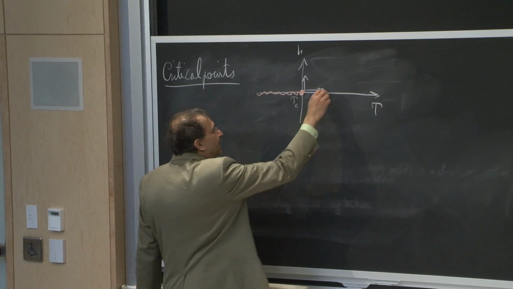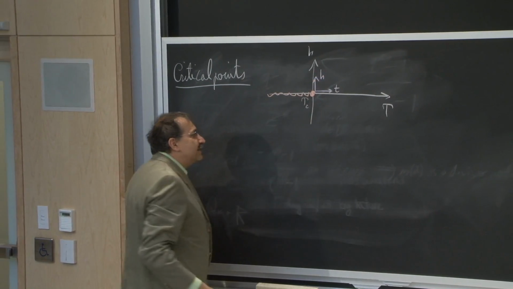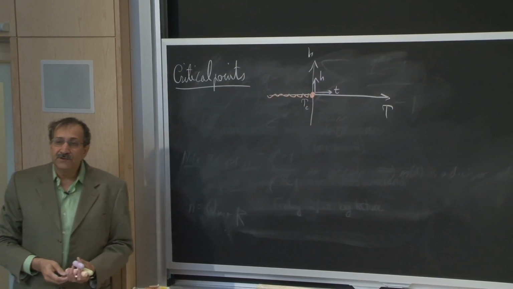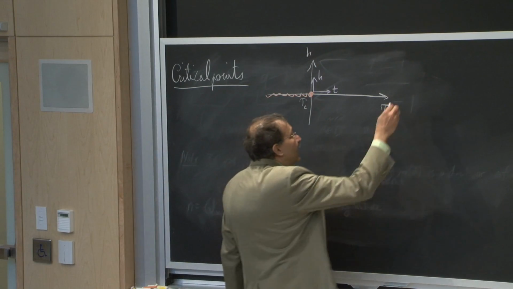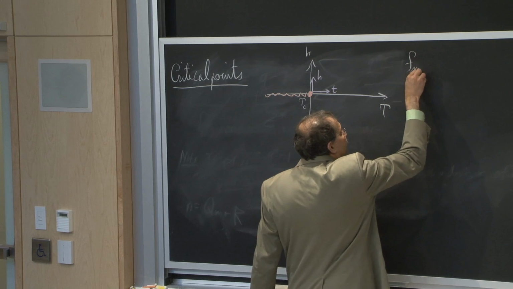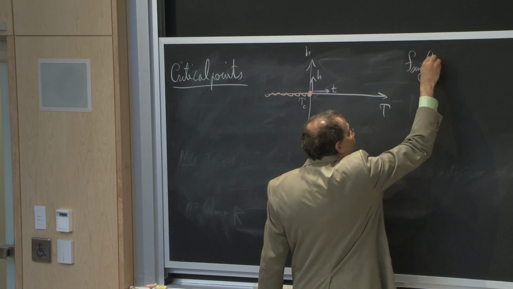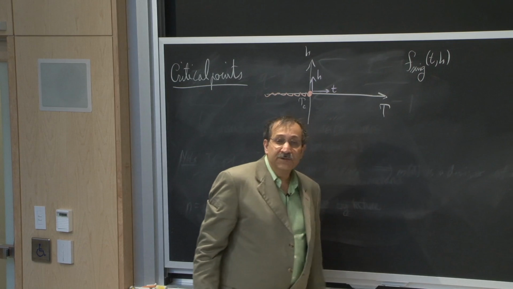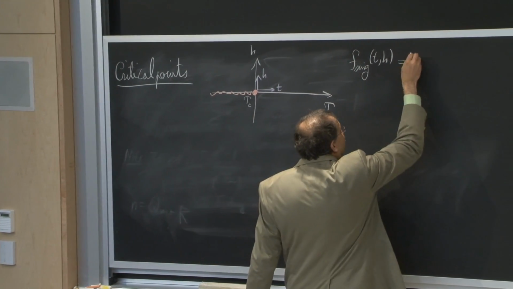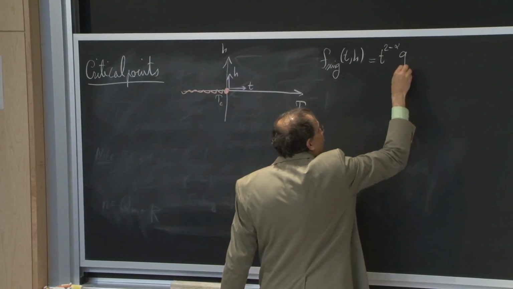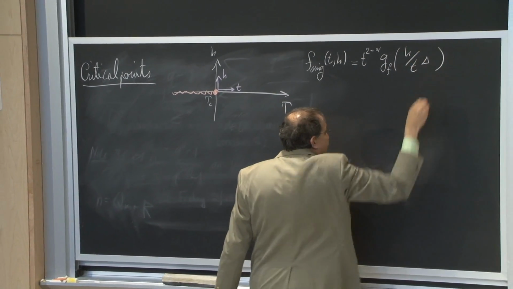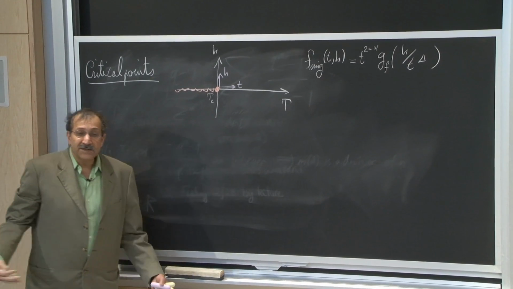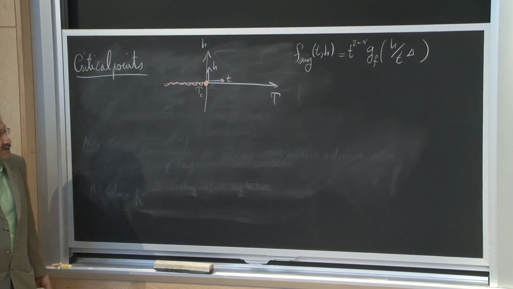So if we, for example, establish coordinates T and H describing deviations from this critical point, we have that, say, the singular part of free energy as a function of T and H has a form like T to the 2 minus alpha, some scaling function of H over T to the delta. And these exponents alpha and delta are the things that are universal.